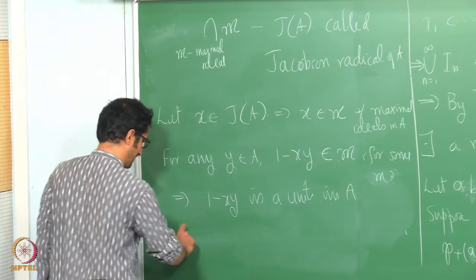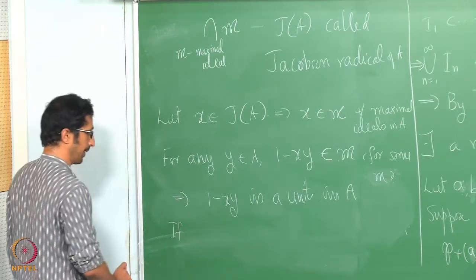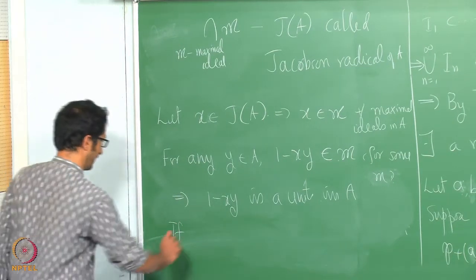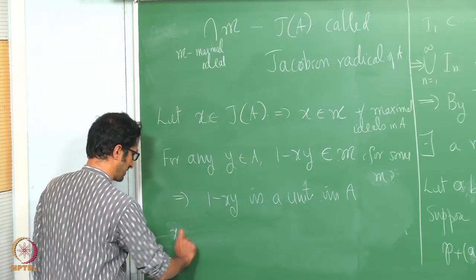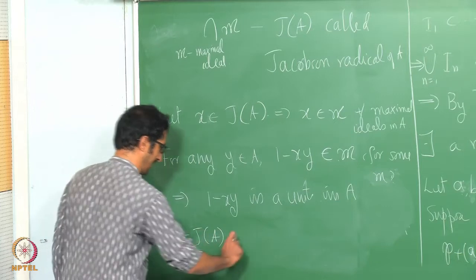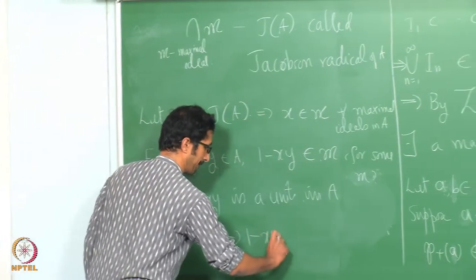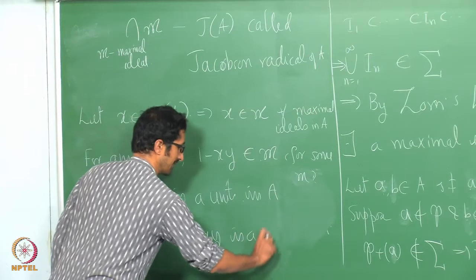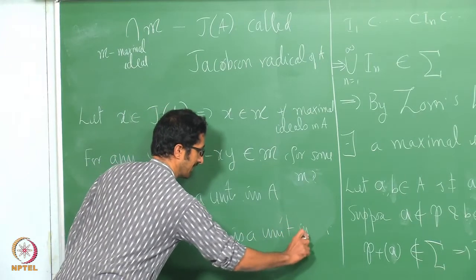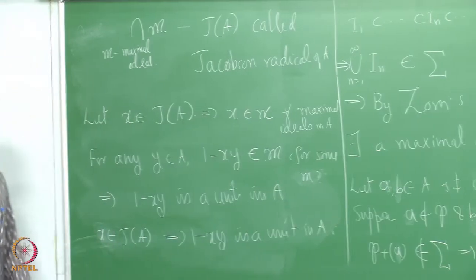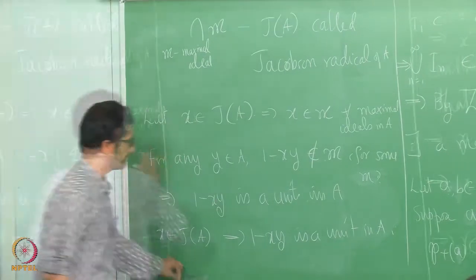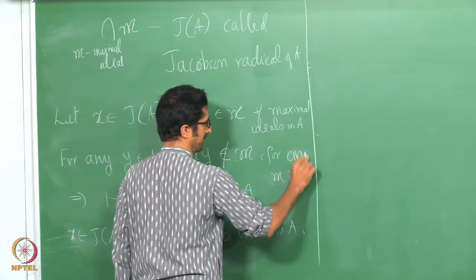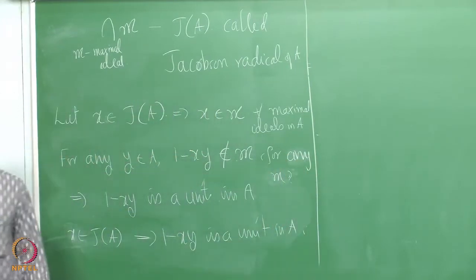So, what we have proved now is that x belongs to Jacobson's radical of A implies 1 minus xy is a unit in A.